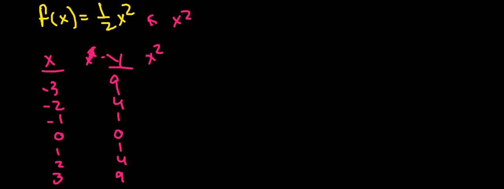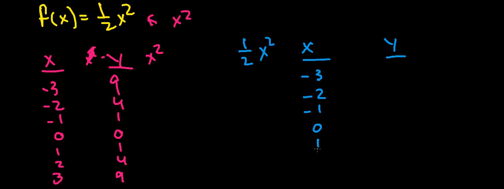Now let's do the same thing, but for 1/2 x squared. So we have x and y. Minus 3, minus 2, minus 1, 0, 1, 2, and 3.